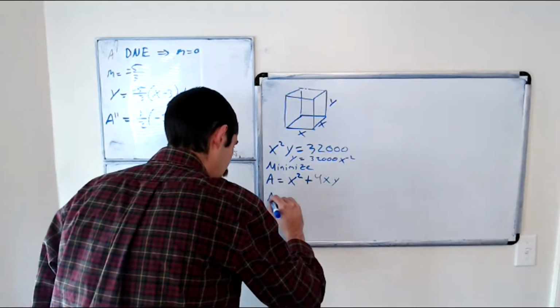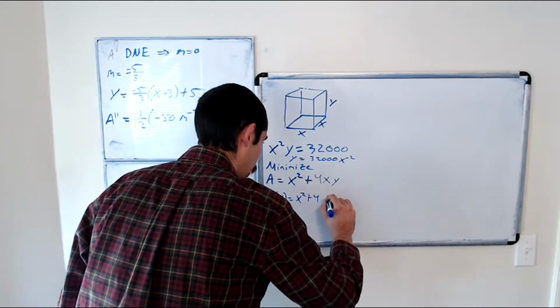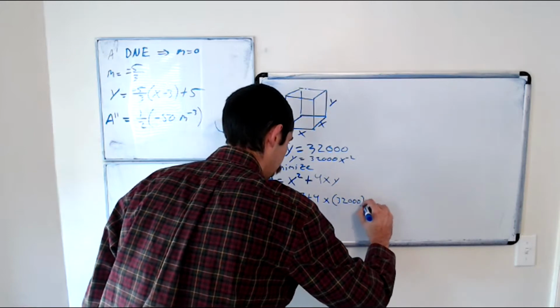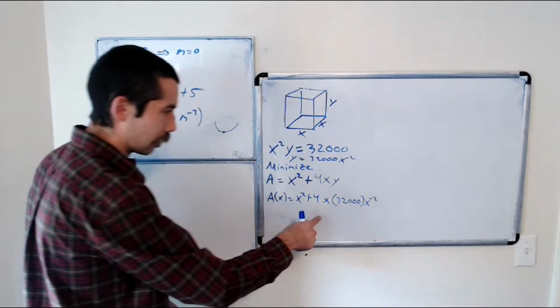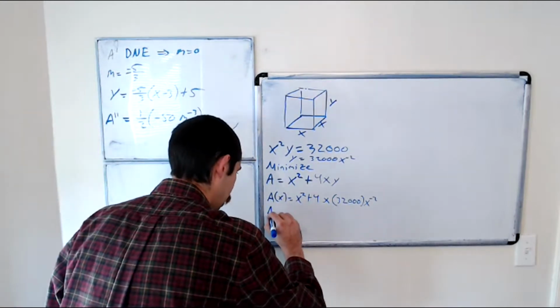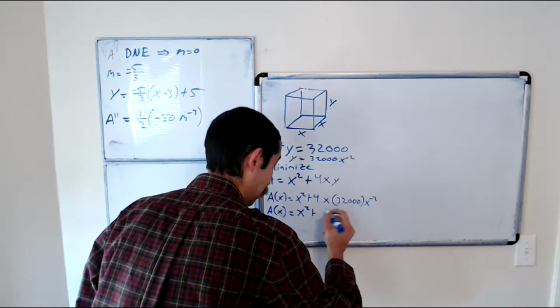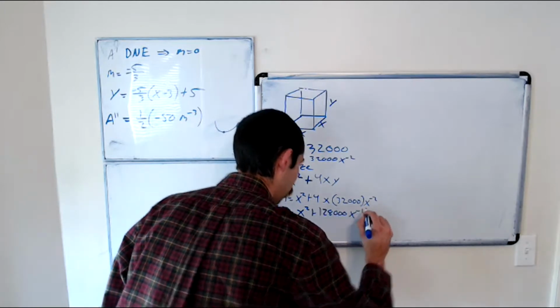So our function a of x is equal to x squared plus 4x times 32,000 x to the negative 2. Right? So that's just the same thing as, well, a of x is x squared plus 128,000 x to the negative 1.